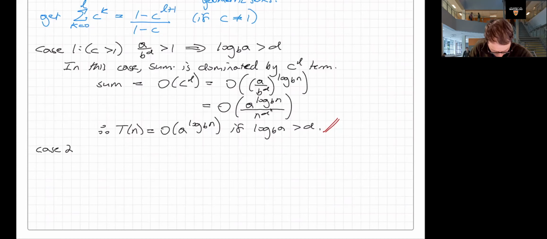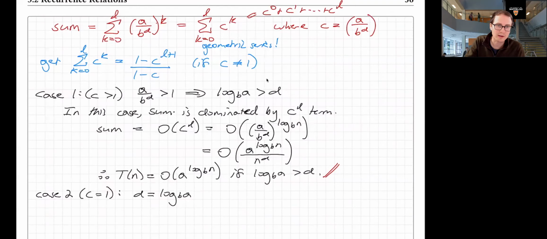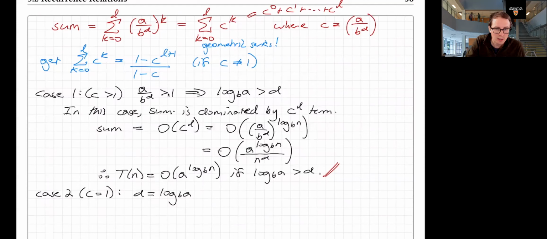Case 2 is that C equals 1. In this case, we have that D is then equal to log base B of A, because we have A over B to the D is equal to 1.